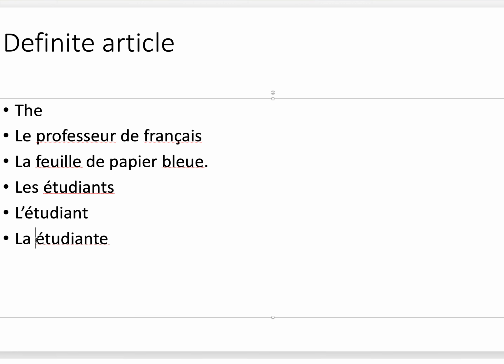To continue having this rhythm of consonant vowel, consonant vowel. So in French, you don't say la étudiante, you say l'étudiante, because you don't want 2 vowels together, right? So we have le, we have la, we have les, we have l' when the word that you are trying to make specific begins with a vowel.